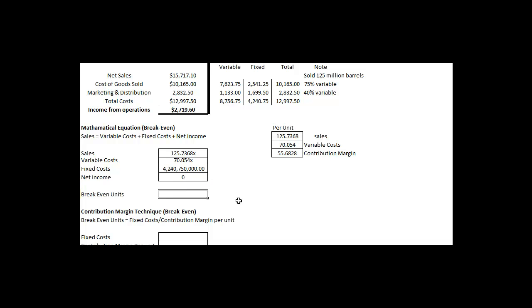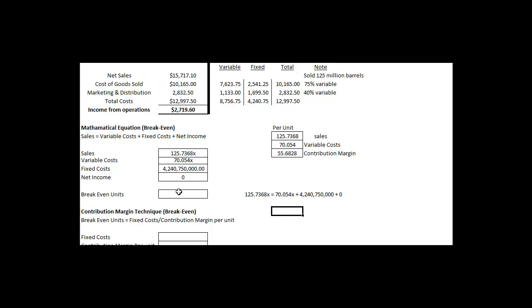The break even units in sales, the formula then would look something like this. My sales are going to be 125.7368x equals my variable costs come next, 70.054x plus fixed costs of 4,240,750,000, and my net income is 0. So there's the formula.